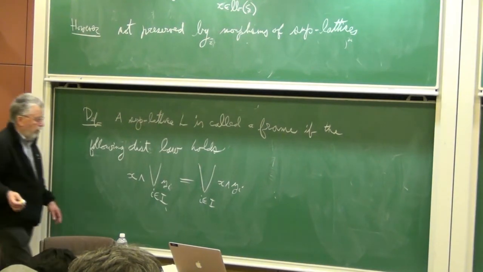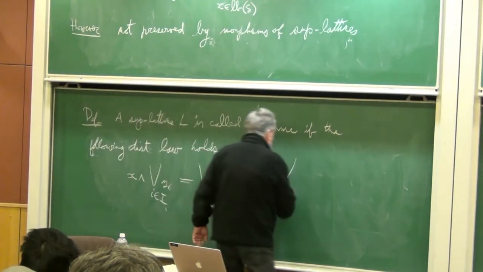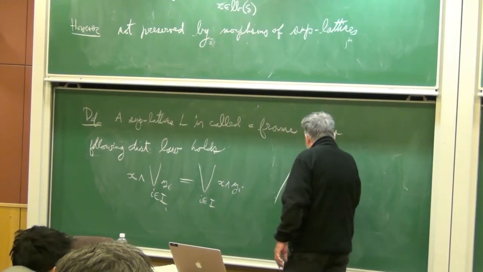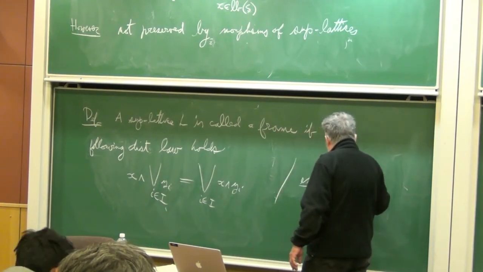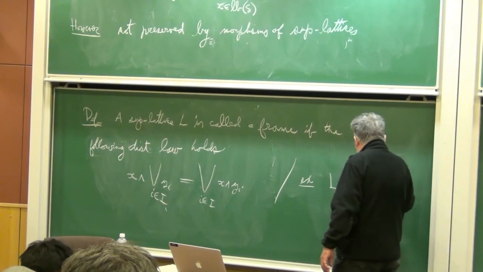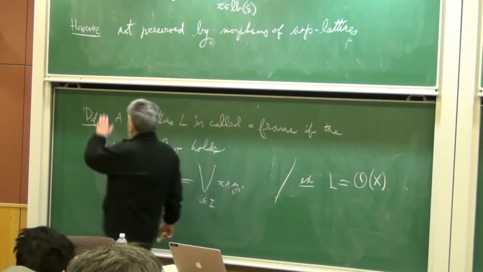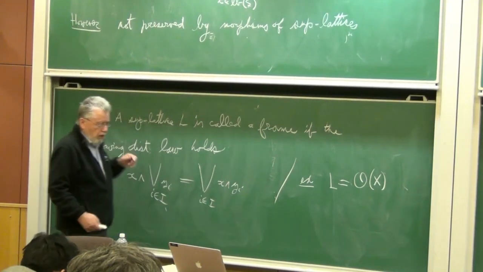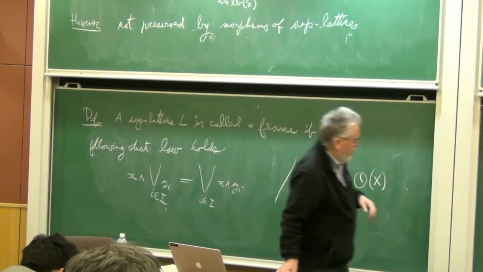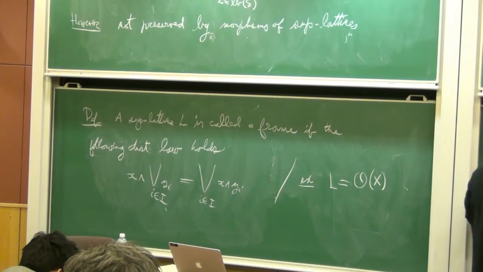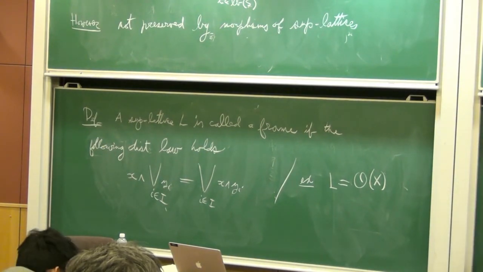So I gave you an example of a frame. You take the lattice of open subsets of a topological space. It's important also to define what a morphism of frames is, because that's going to make precise the operation that we are looking at when we look at the graphic.